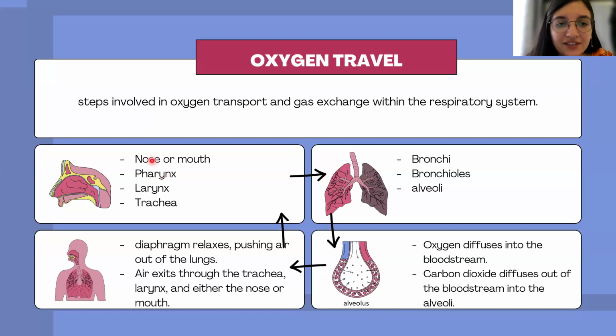And then after the nose or mouth, the next destination is the pharynx. After the pharynx, the next destination is the larynx, and then after that is the trachea. Trachea is also known as the windpipe. We will look into deeper parts of this again later, but just remember these: nose or mouth, pharynx, larynx, trachea.